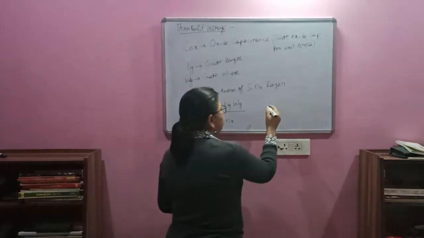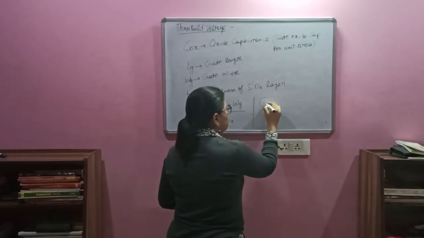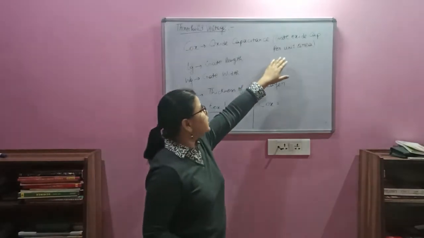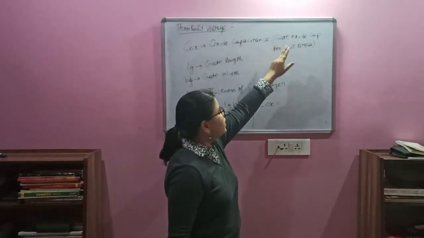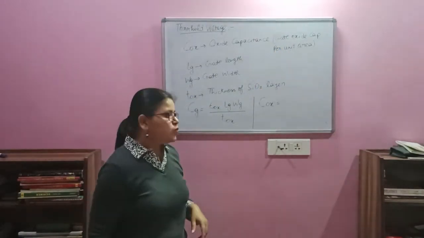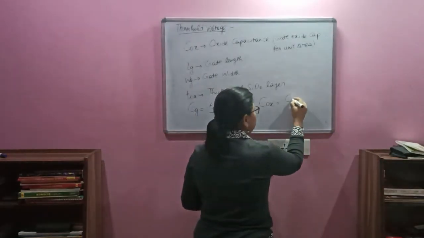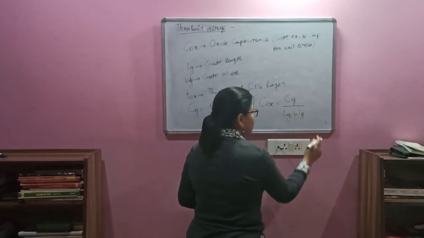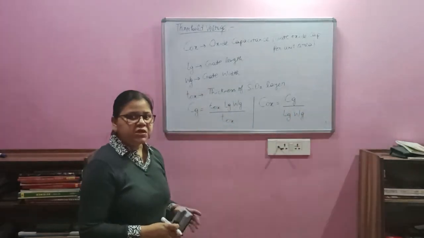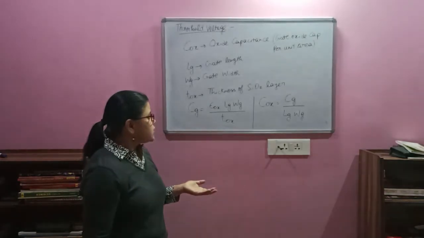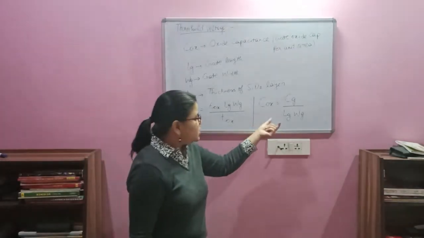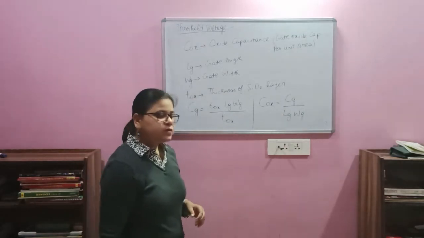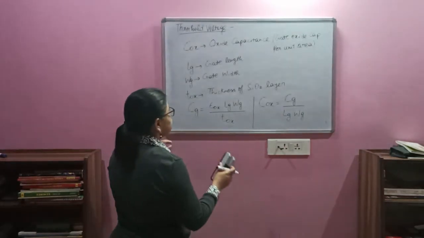And if we have to talk of oxide capacitance, then as stated over here, oxide capacitance is gate oxide capacitance per unit area. So this will be Cg upon Lg into Wg, meaning the gate capacitance upon the area of the gate, since Lg into Wg is basically the area of the gate.